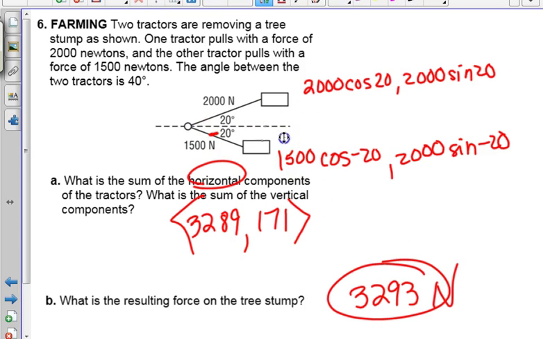Well, they're both pulling roughly the same direction, right? If they were pulling absolutely on top of each other, it'd be 3,500. Okay? Is the stump going to end up going north or south of that dotted line? North of it a little bit, because the top one was pulling harder, right? The top tractor had more force.